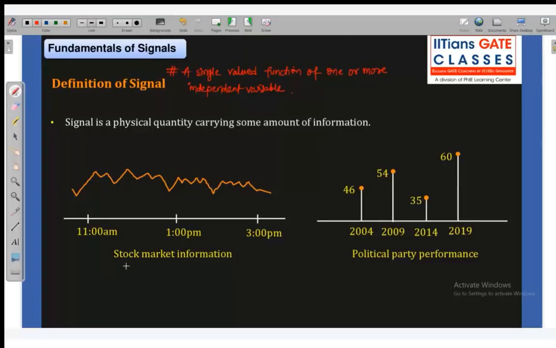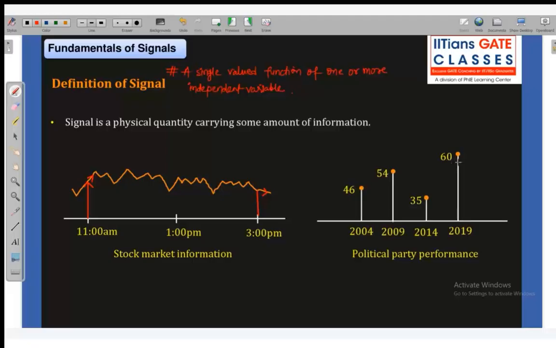So here you can see that there is stock market information which is giving us information that at 11 o'clock the market is going in the upward direction, at around 3 o'clock it is going in the downward direction. So you can see that this is giving us the information, and this physical quantity is changing with respect to time. Similarly, you can also say that the political party performance in the year 2004, there were 46 seats. Now in 2019, it has 60 seats.